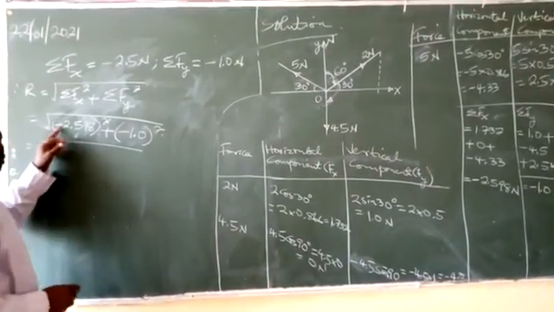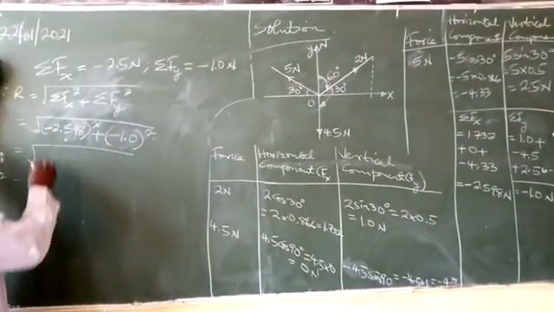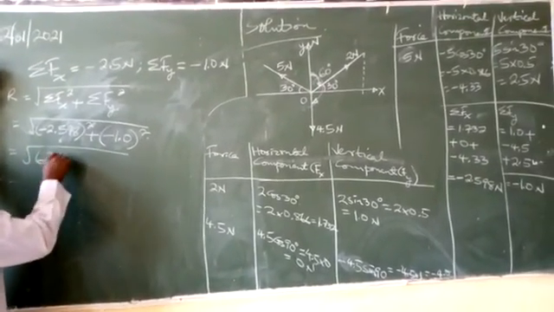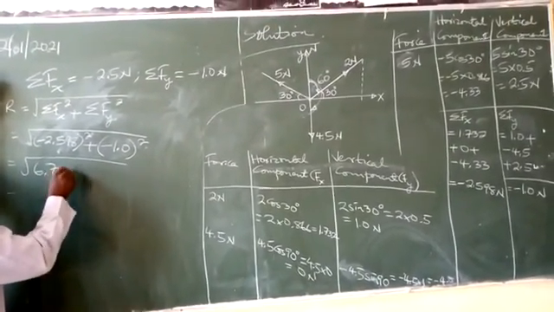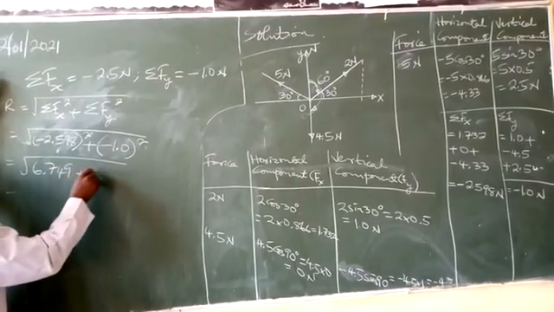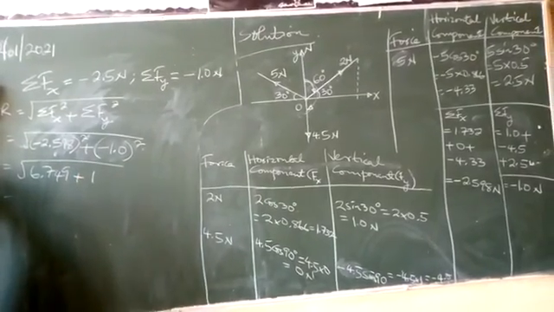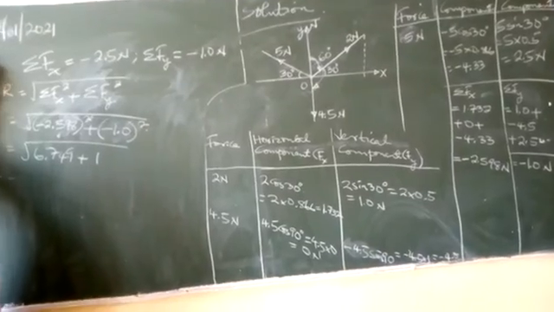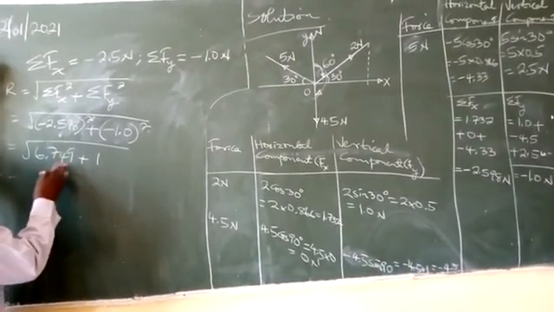So that would be 6.749 plus 1, approximately 6.750.